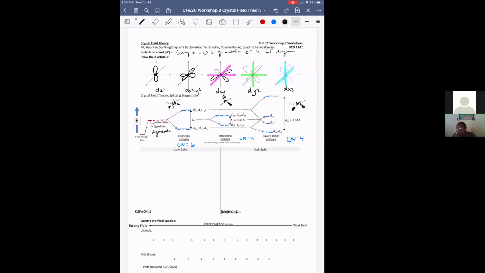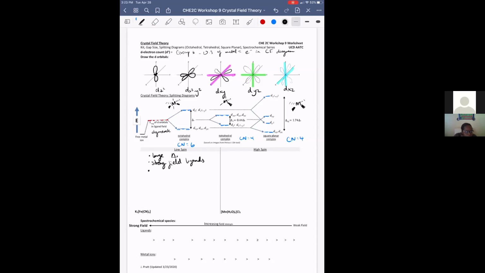So what determines whether we have a low spin or high spin filling of our d orbitals, right? If we have low spin filling, we'll generally see a large octahedral splitting, a large octahedral energy value. This will occur for our strong field ligands, and we'll talk about what that means. Right, so there are specific ligands that we'll consider or name as strong field.